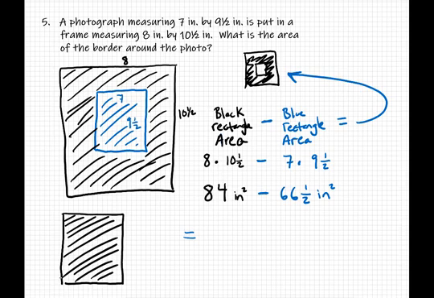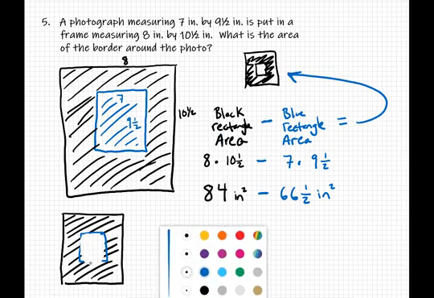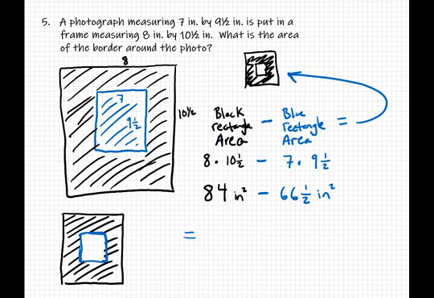Okay, that's the 84, and then we're taking this blue rectangle in the middle and we're subtracting that off. So that's the minus 66.5, and that's going to leave us with the area that we're looking for.